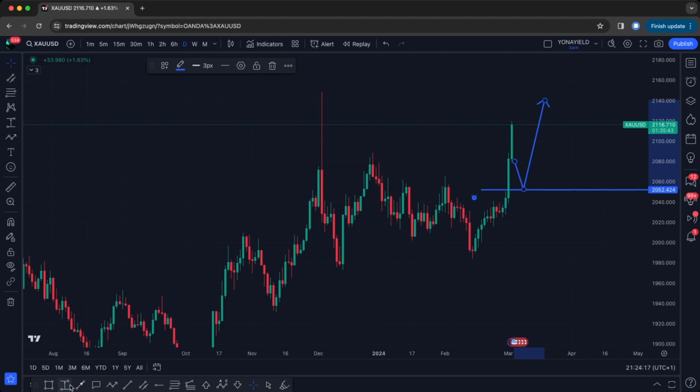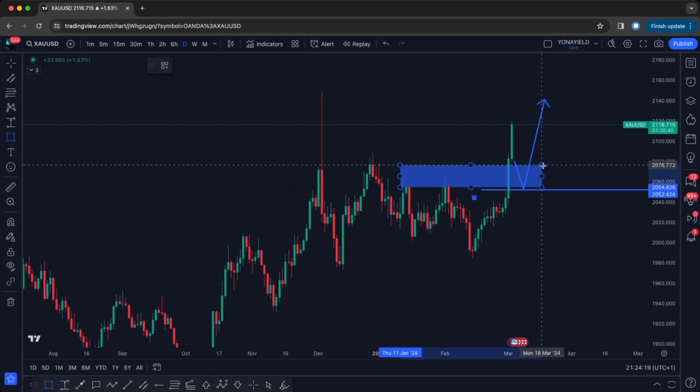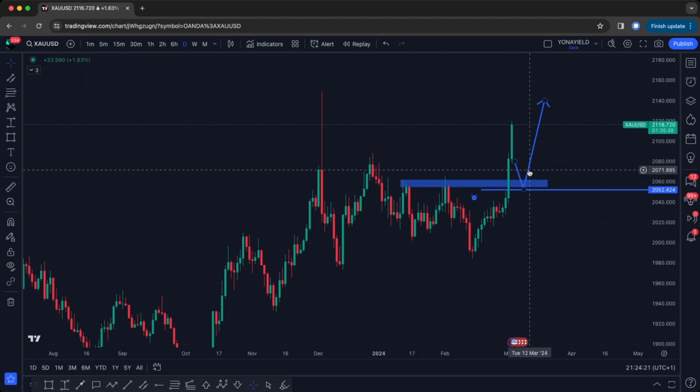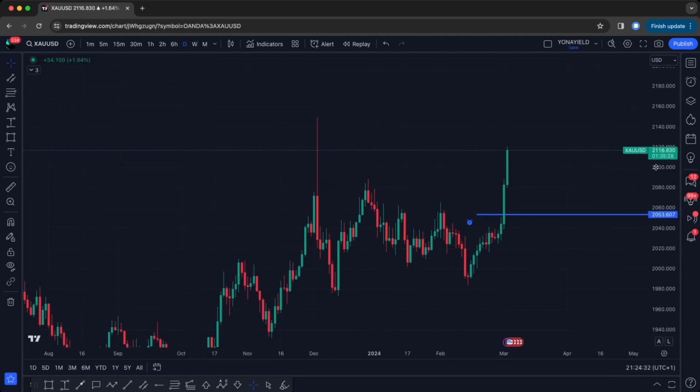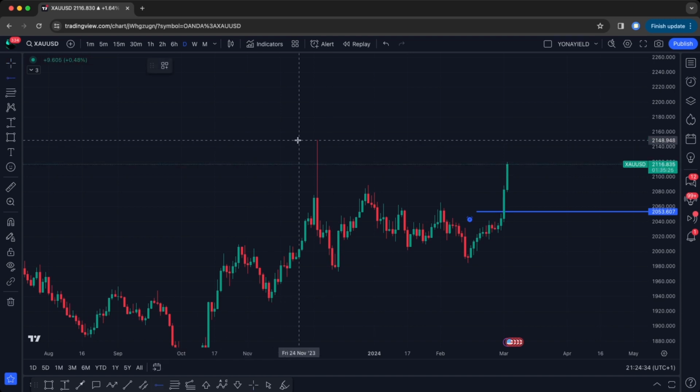That would have been also nice with the structure right here. But unfortunately that never happened, so it just moved up right away. And my alarm right here is kind of useless right now. And gold, yeah, what would I do here? I would not do too much because it's just a long.